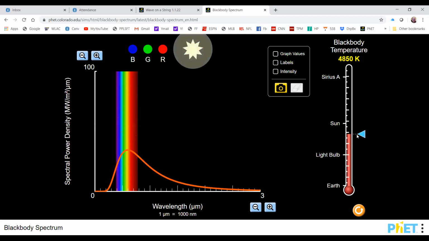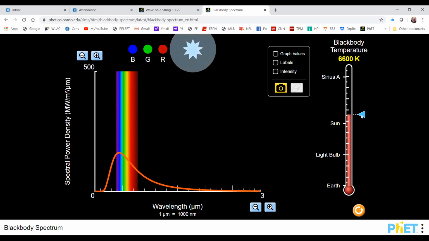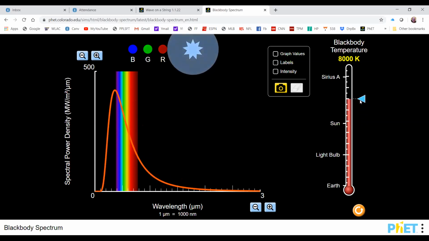You can adjust the temperature up and down. At higher temperatures, more light is being given off, but it's not just more light. You can see this peak of light is shifting at higher temperatures farther to the left, to a smaller wavelength or a higher frequency.